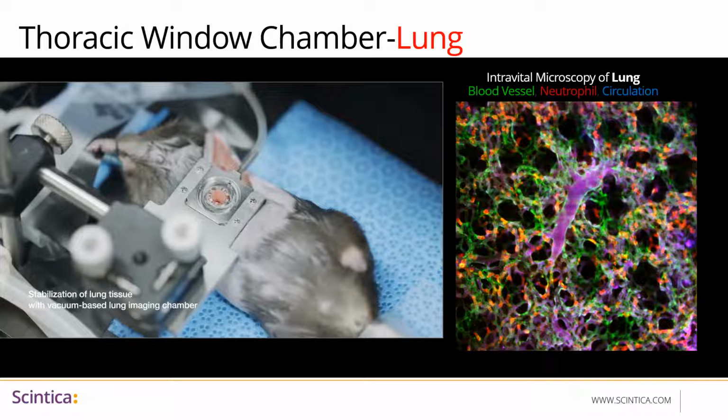But still, it's going to be a moving organ. If we don't have this motion compensation function, you won't be able to see these tissues clearly. So you see the example image taken through this window chamber from lung, and there are vessels that are showing up in green, and there are circulating neutrophils that are in red. So the quality is really good for moving objects such as lung.